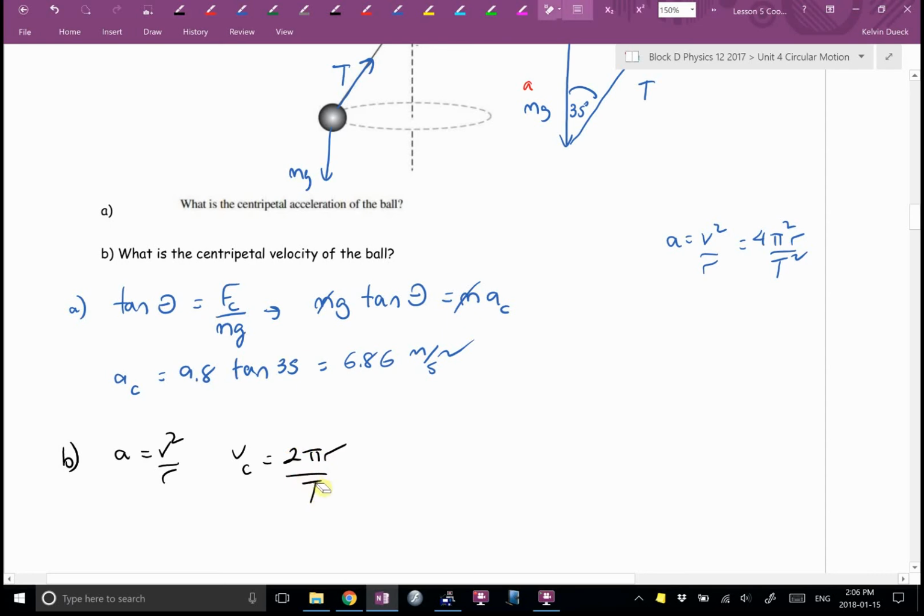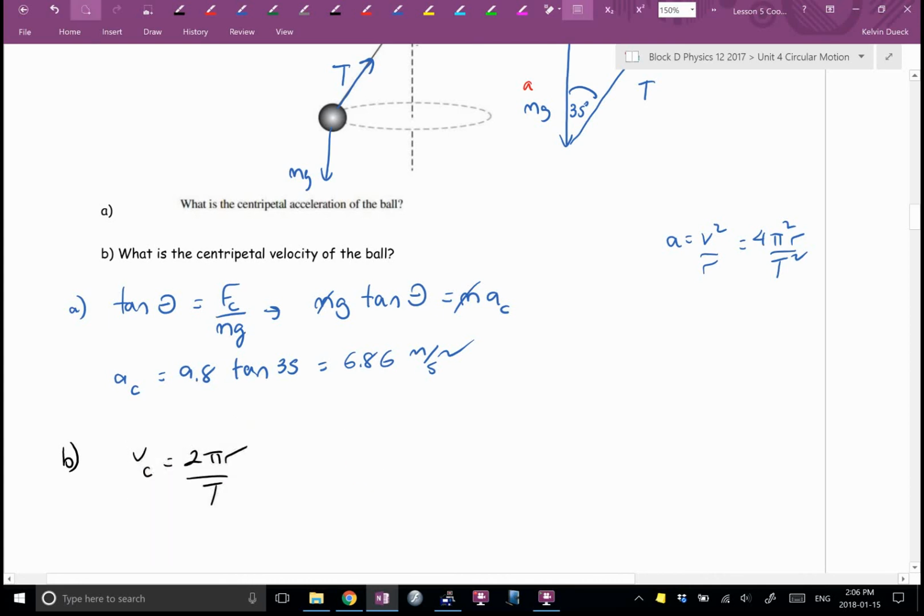Do I know the period? Yeah. Do I know r? Okay. No matter what, I'm going to have to find r. I'm going to use this method because that way I'm not using a possibly wrong answer to find another wrong answer, and it's not that much more typing. Anyhow. Okay. Apparently, I can figure out the radius.